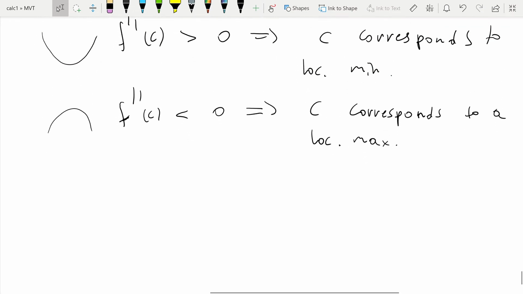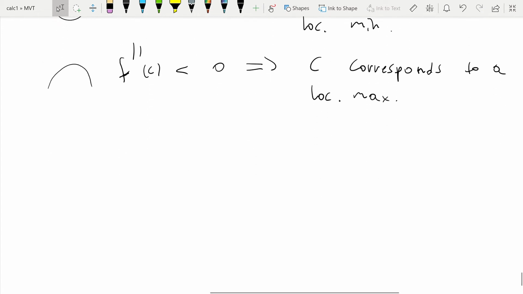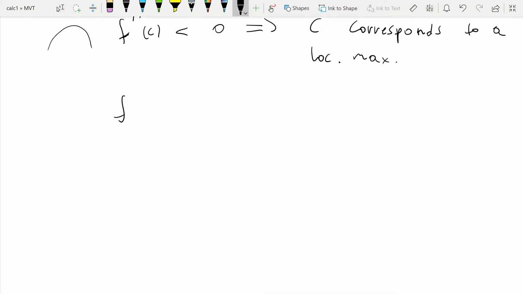Okay, so without having to look specifically at f prime right before c and right after. However, if f double prime at c is equal to 0, the test doesn't tell us anything. The test is inconclusive.